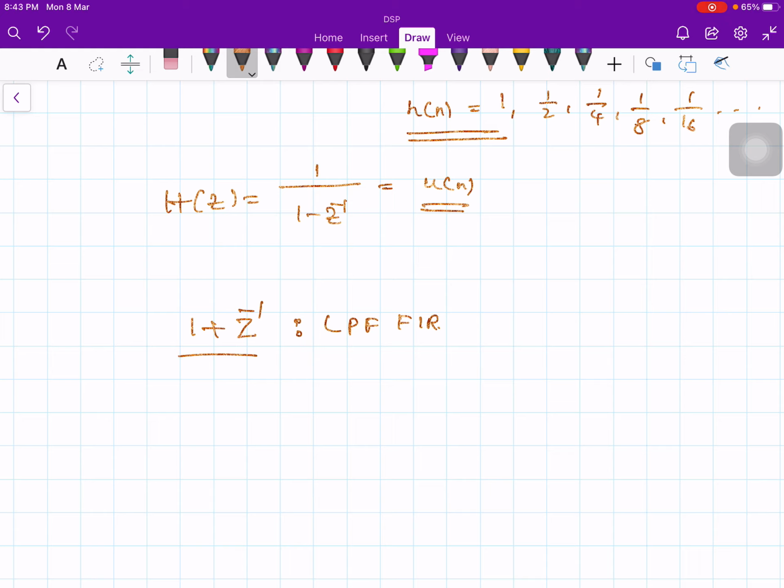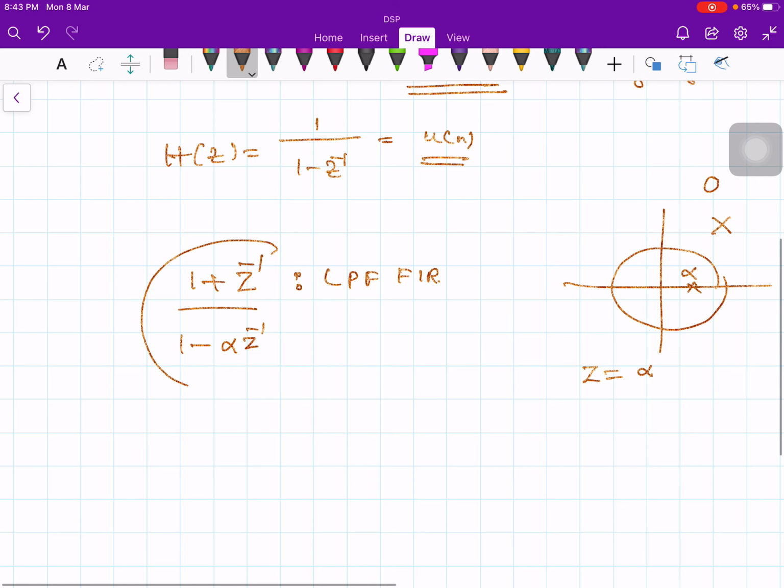Pole means the denominator. Let the pole be at alpha. As I said, a pole is denoted by a cross symbol and a zero by a small circle. We add a pole at z equal to alpha. Therefore the denominator is 1 minus alpha times z inverse.